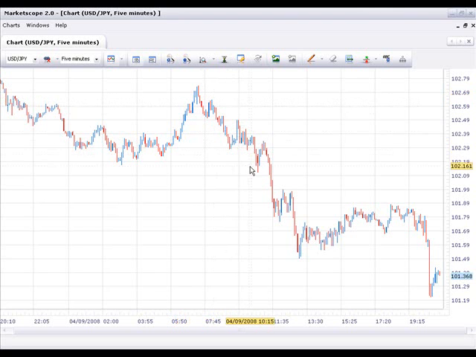And then we can see right after that that the dollar sold off rather aggressively against the yen or weakened against the yen as the price comes down there. Okay, so same thing. It's just this time the dollar is the base currency instead of the euro.